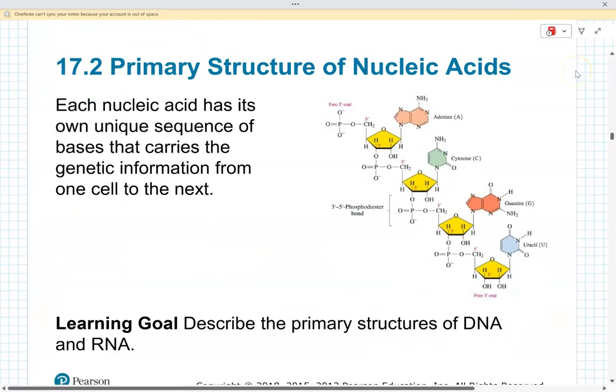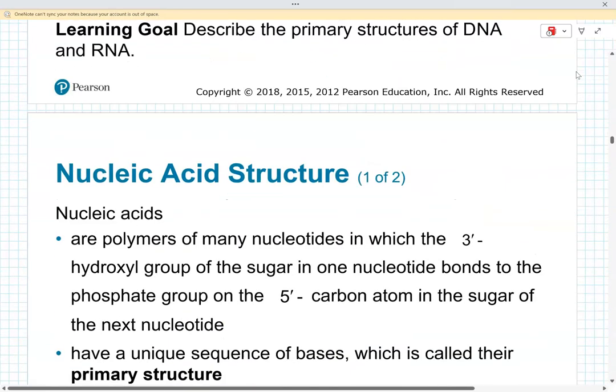Okay. Let's talk about primary structure. It's basically the sequence of amino acids, but we need to look closer at the structure.